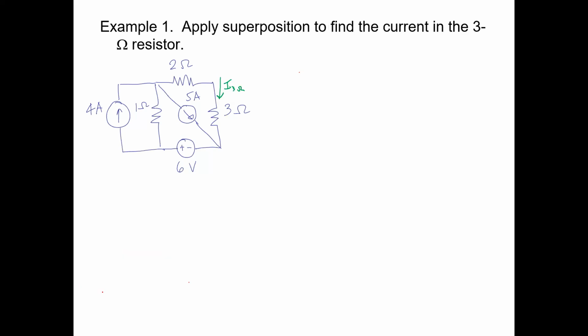We're going to start by just looking at the effect of the 4 amp source only. The 4 amp source turned on. You're going to have the 1 ohm, the 2 ohm, and the 3 ohm resistors.